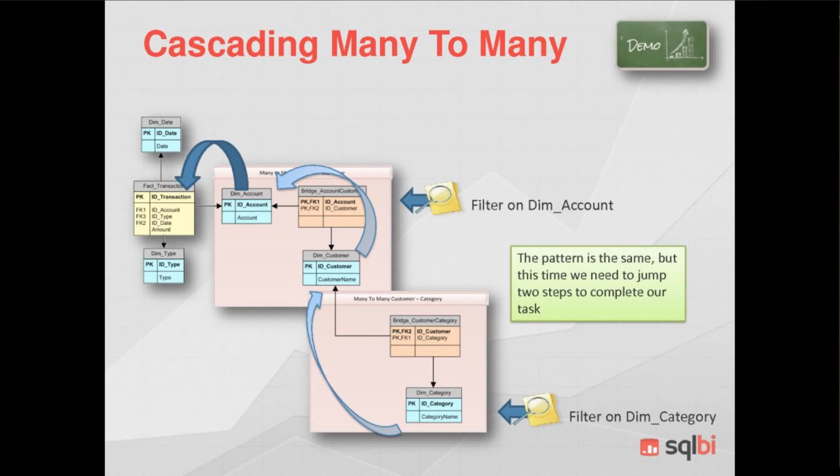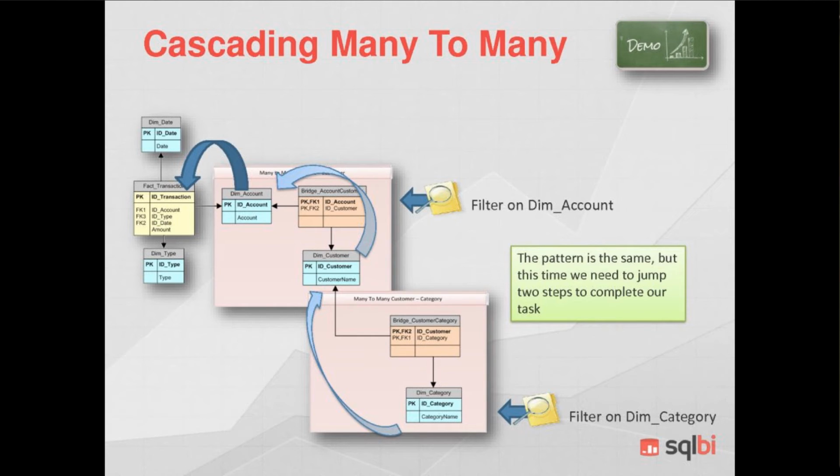The first step will be, what we have is a filter on dim category, and we want to create a filter on dim account. It's no longer a single step. Now we need to do a first step from dim category to customer. When we know which are the customers of that category, then we will do the second jump from customer to account.